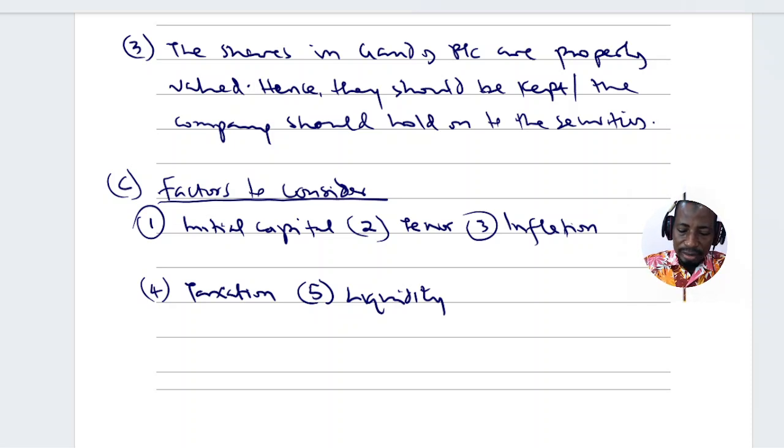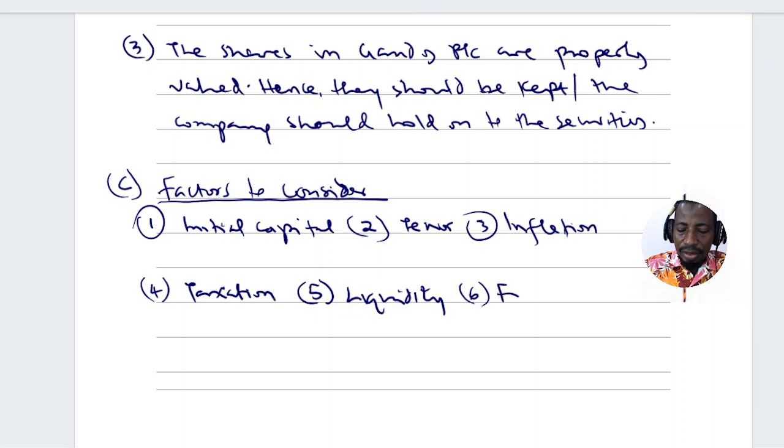Then number 6, depending on the nature of the investment, if the investment will involve foreign transactions, then I need to consider the impact of foreign exchange.